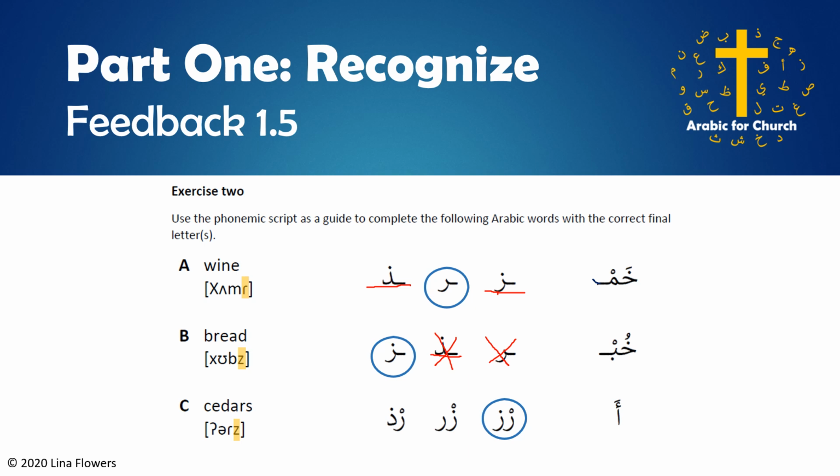That's more like it. خبز, same, with a dot, and أرز, that's أرز. So now we've completed 3 words: خمر, خبز, أرز.